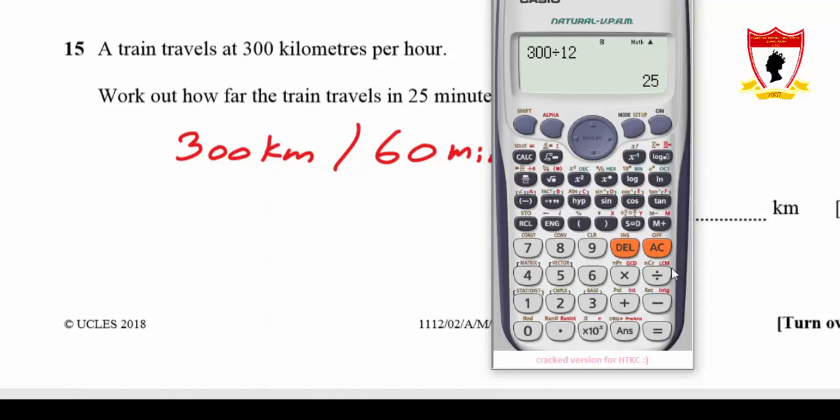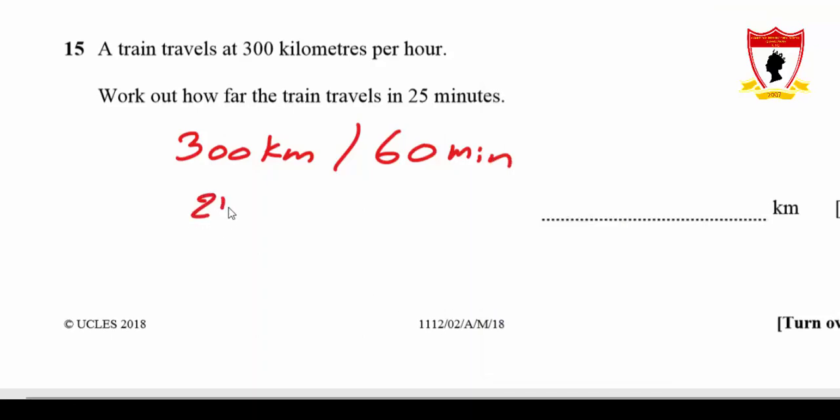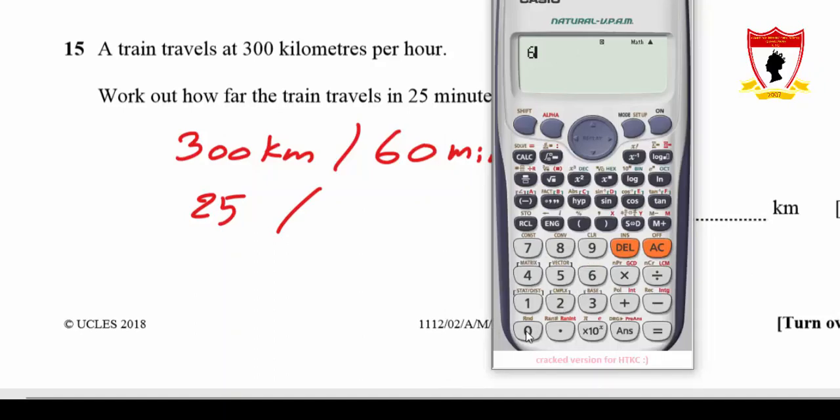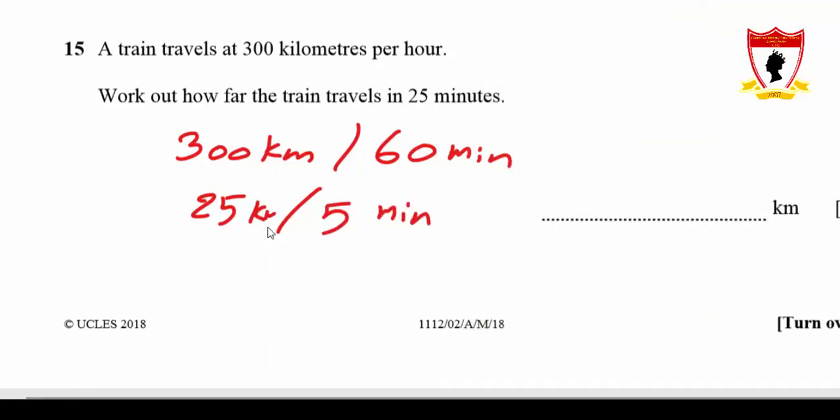Let's write it. 25 kilometers, and 60 divided by 12 is equal to 5. 25 kilometers in 5 minutes. Work out how far the train travels in 25 minutes. Don't be confused. This is minutes, this is kilometers. There is no connection between them.